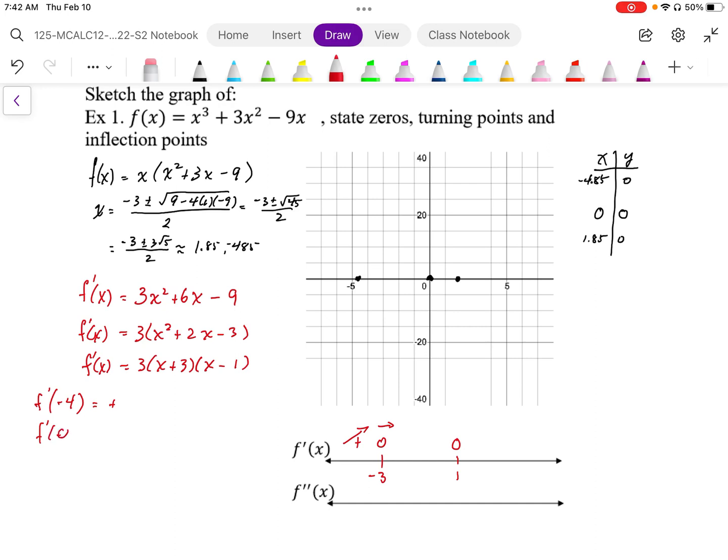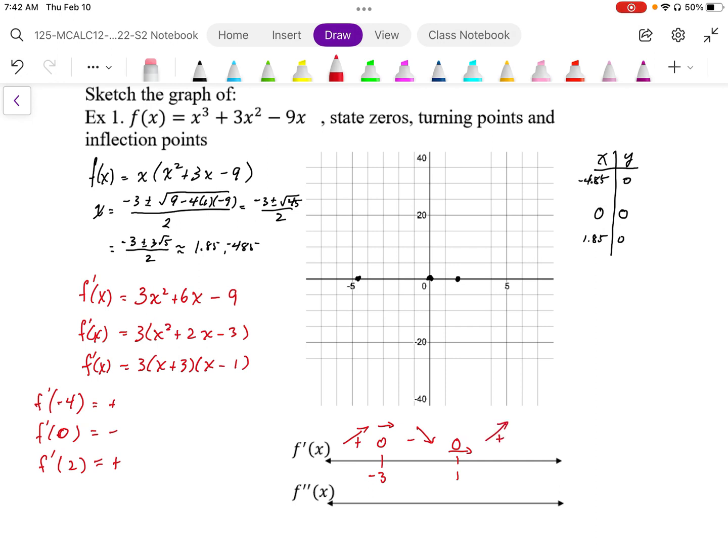So plug in a 0. If I put 0 in, I get negative slope through here. That's a minimum. And then f prime at positive 2, plugging positive 2 into here, we're going to end up with positive slope. So there's my slope chart.